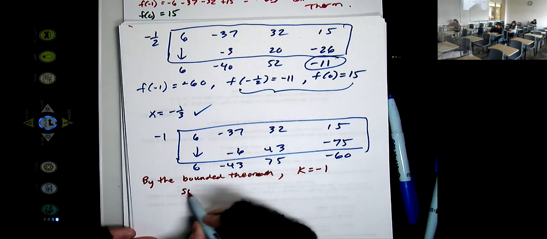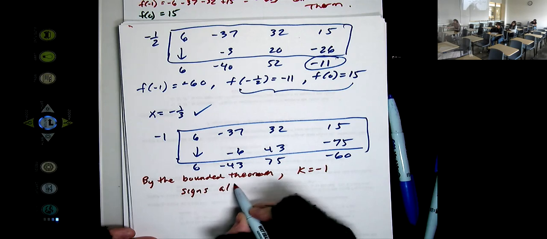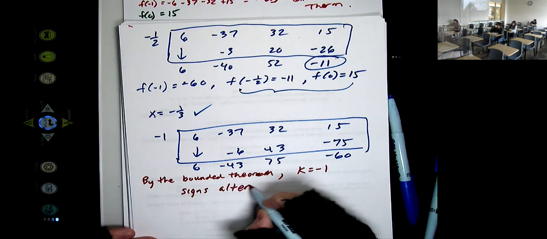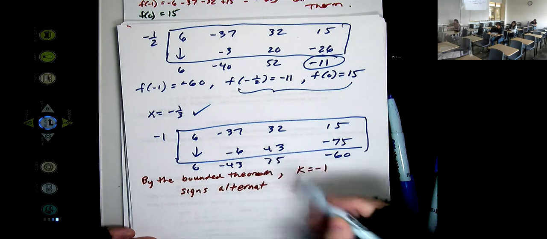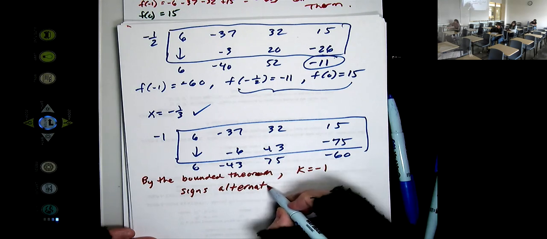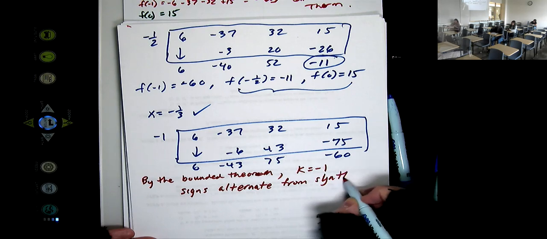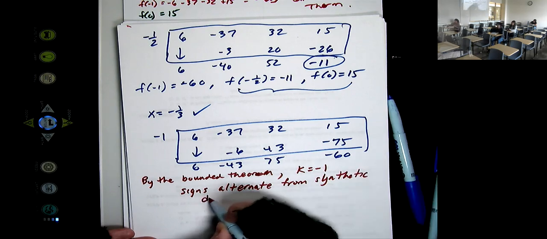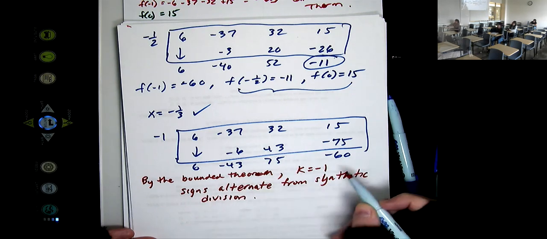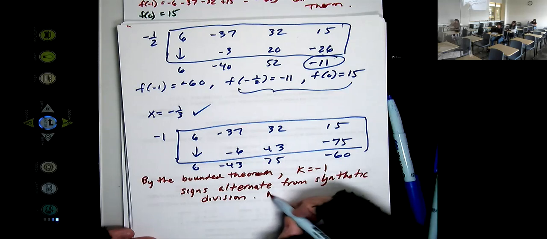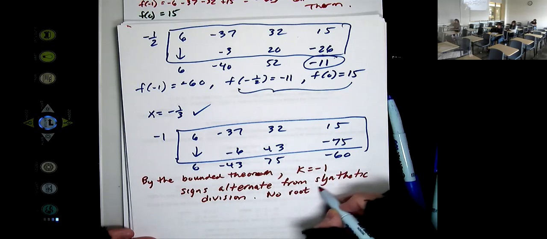And my signs alternate from synthetic division. I like to call it sky division because it just falls down. Signs alternate from synthetic division, which means there's no root less than -1.